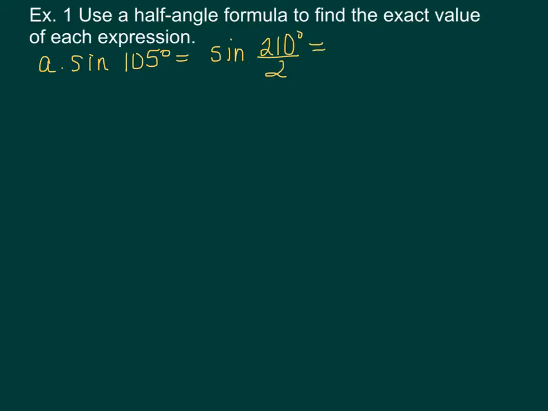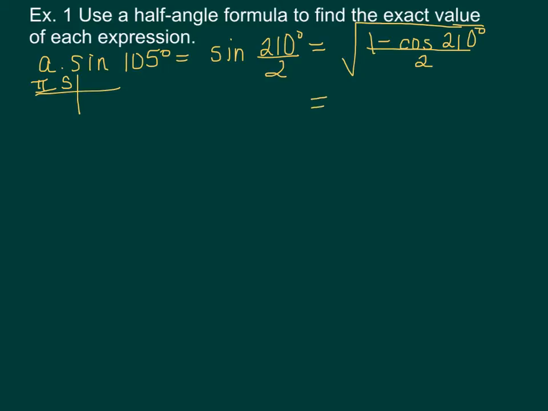And then because 105 is in quadrant 2, where sine is positive, we are going to use the positive formula. So it'll be the square root of 1 minus cosine of 210, because that's our half angle, divided by 2.